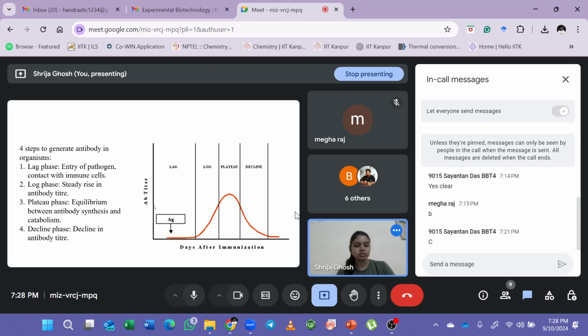Okay. So any doubt in this part? I hope this is pretty clear.